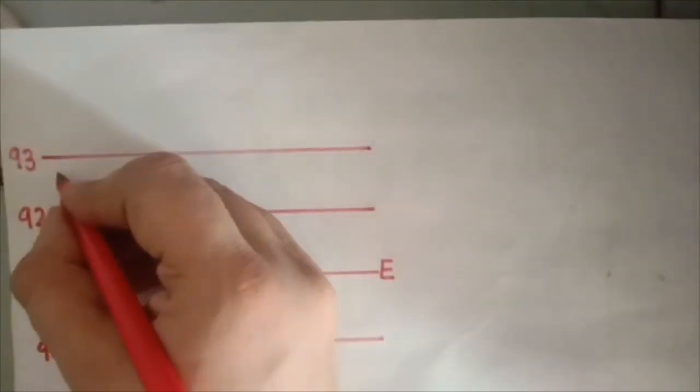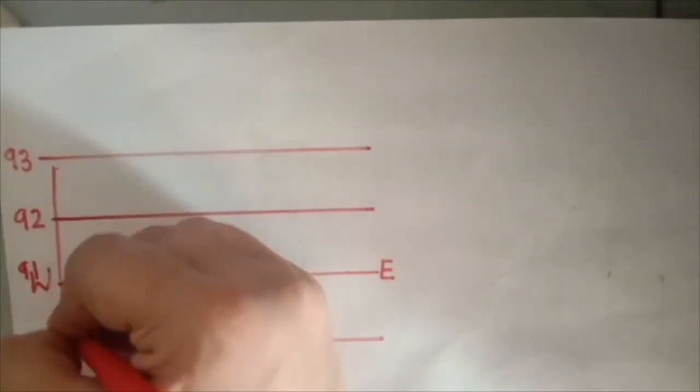Though these lines are drawn from west to east, when we number them as, suppose, 90, 91, 92, 93, their value is increasing towards north.